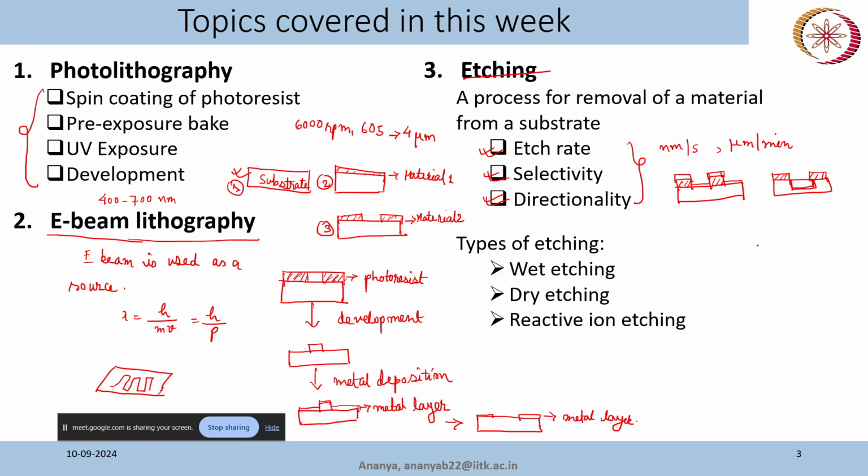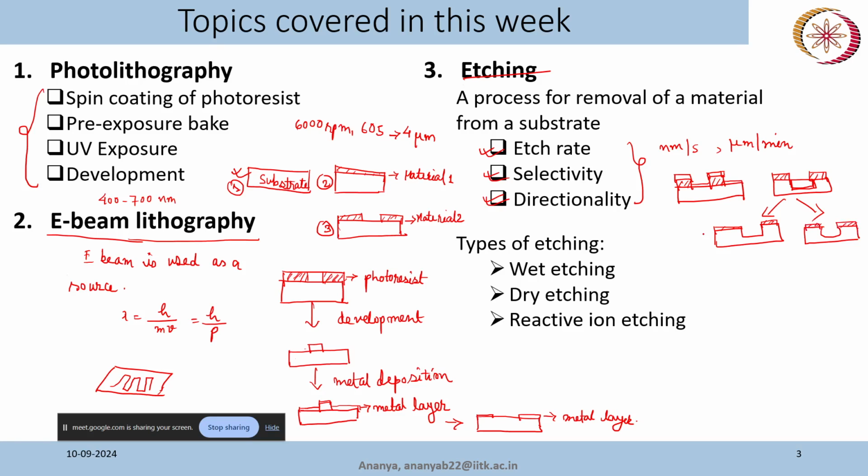In case of non-directional etching, after etching of this, you might get a structure like this. This is mostly true for wet etching.